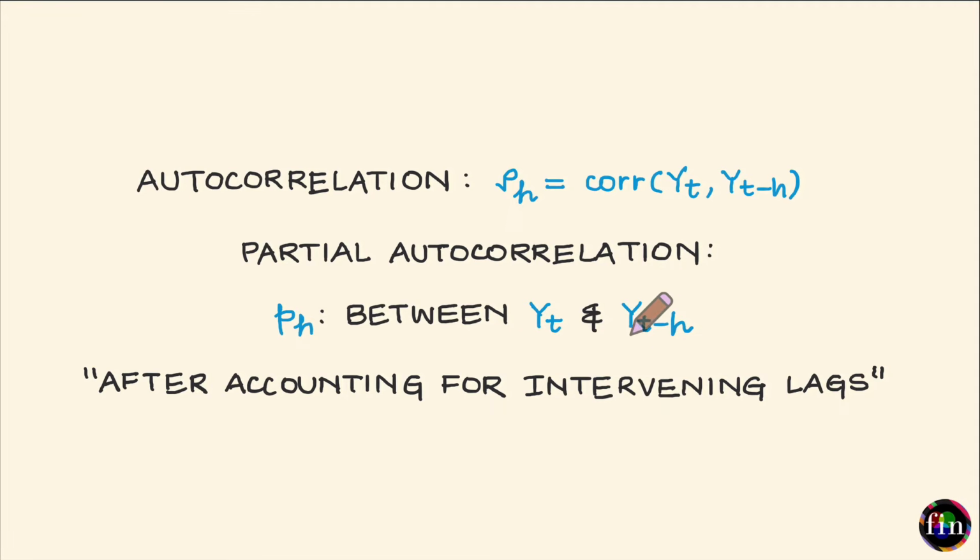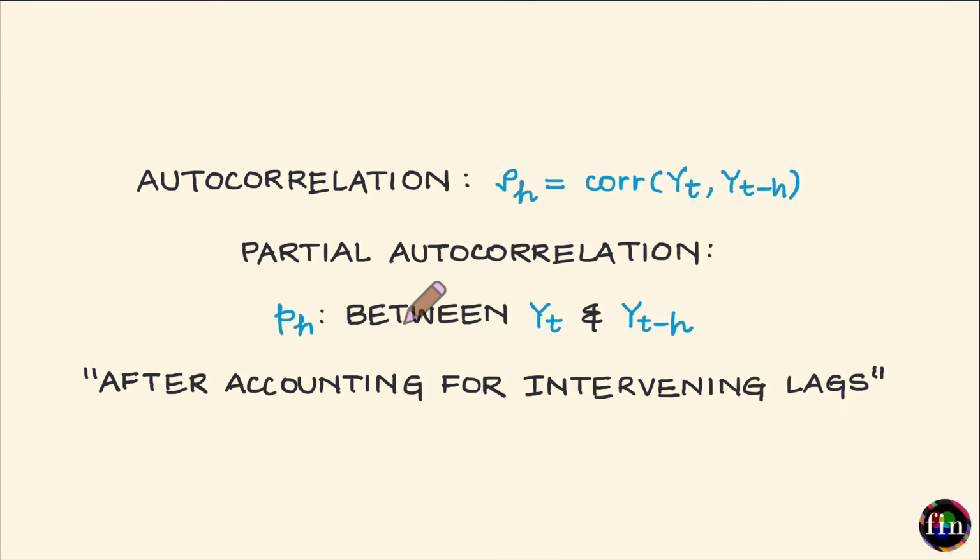Once I have accounted for all the lags in between, the correlation between yt and yt minus h is called the partial autocorrelation for lag h.